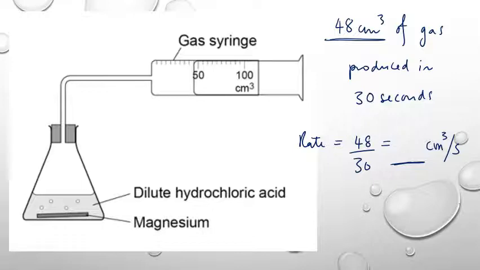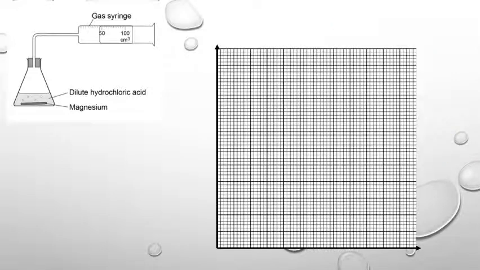Now the reason this way of measuring the rate is better is because you can actually monitor how the rate changes over time. Let me show you. On here we could measure the volume of gas produced, say, every 10 seconds, and we could plot a graph. So let's put time on our x-axis. That's the independent variable, the thing that I'm selecting.